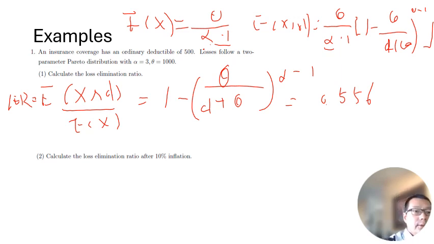So anyway, the question for the second one is: calculate the loss elimination ratio after 10% inflation. This is just the concept of inflation applied to what we have learned so far.